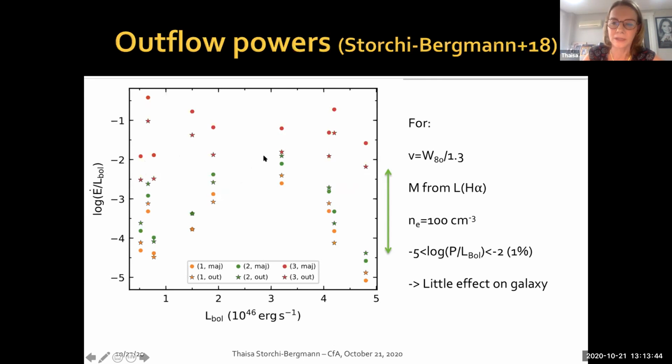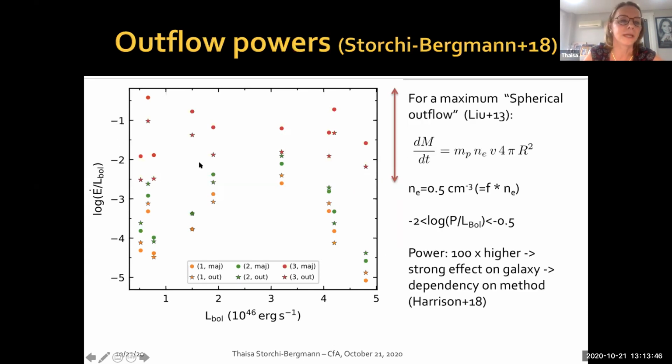But then, in order to get a very powerful outflow, we used another methodology used in the past by Liu et al., where they considered a spherical outflow. They use this expression, which is proportional to the density, but they use a very small density because actually this density should be multiplied by the filling factor.